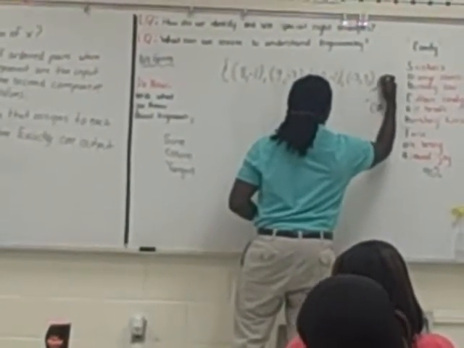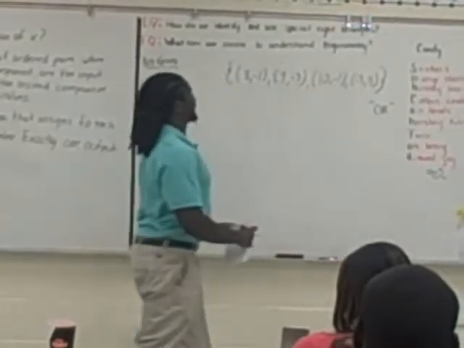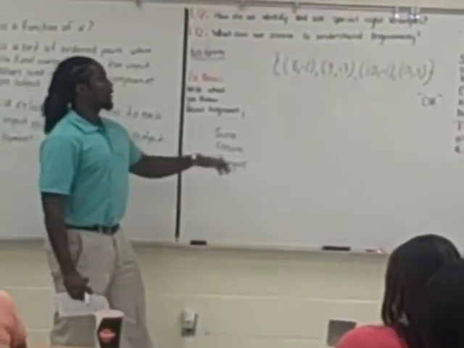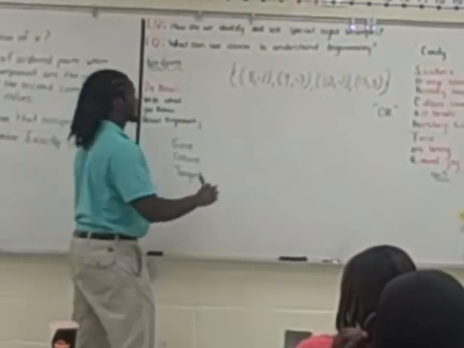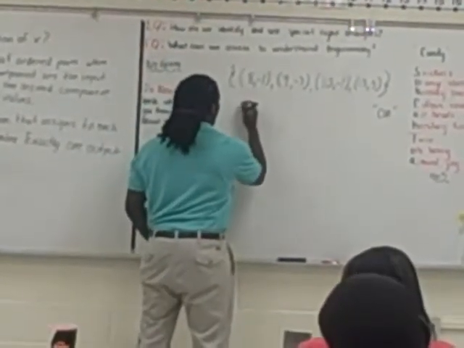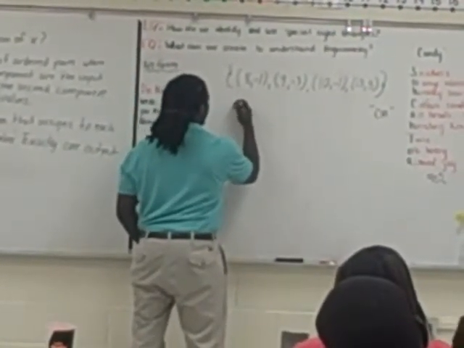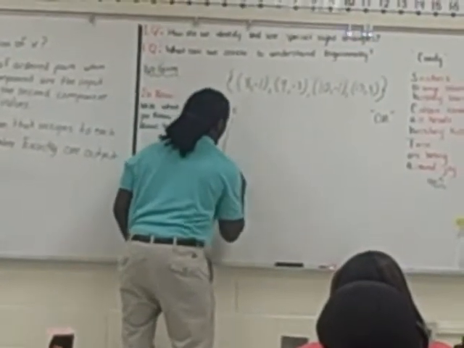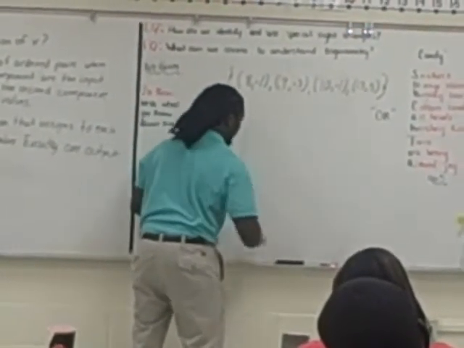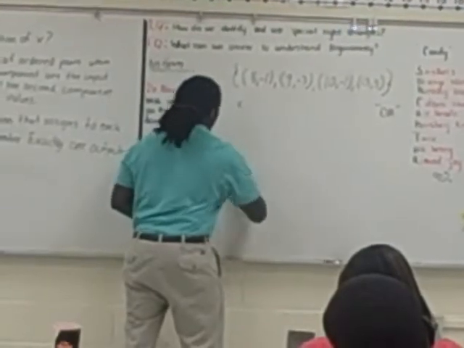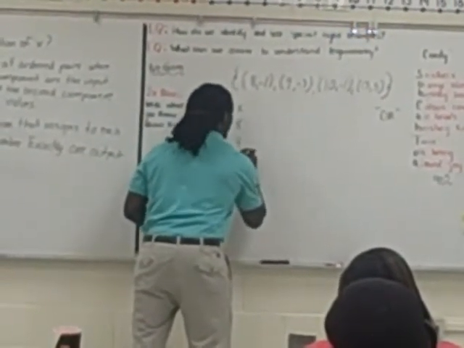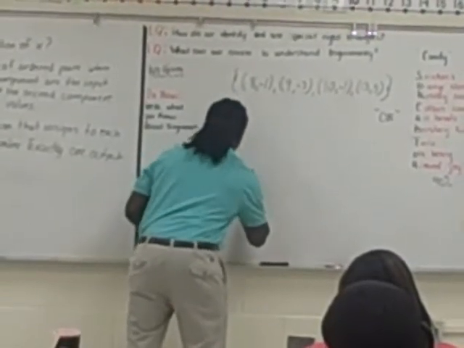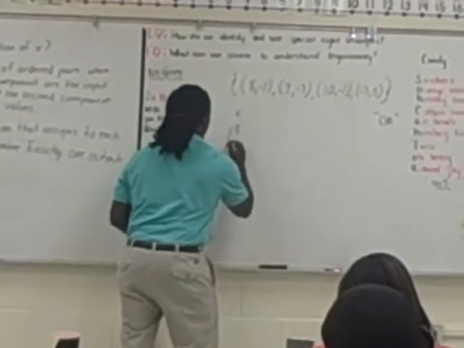Not a function. Hold on. What are all my input values? 8, 9, 10, 13. So we're going to say x. I'm going to do a map to show this. My x was 8, 9, 10, and 13.